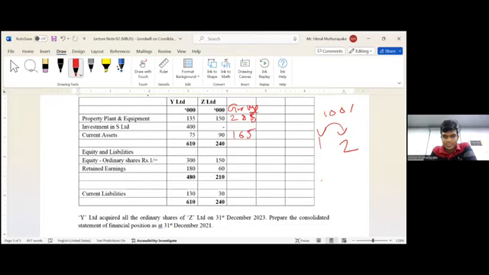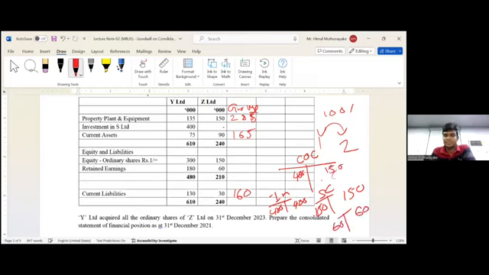Then 160. You have the investment cost, so you need to create the cost of control account. The investment account is 400, so I put this 400 into the cost of control account. I have share capital of 150 and retained earnings of 60, which I also put in. That makes 210 against the investment of 400.